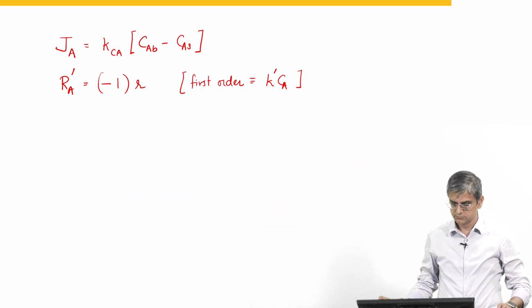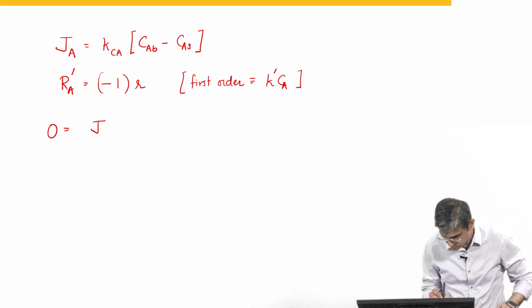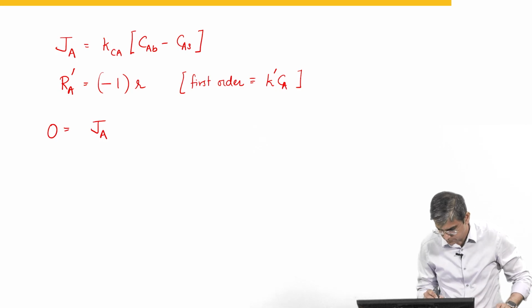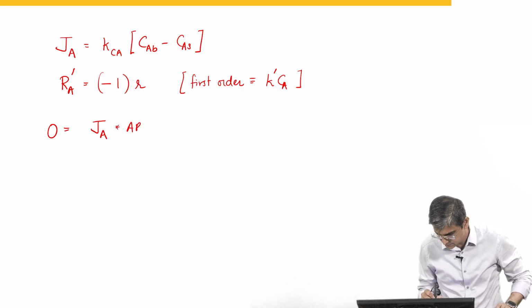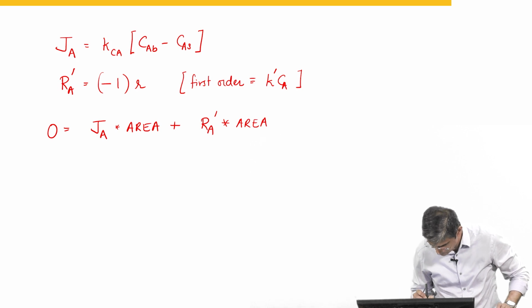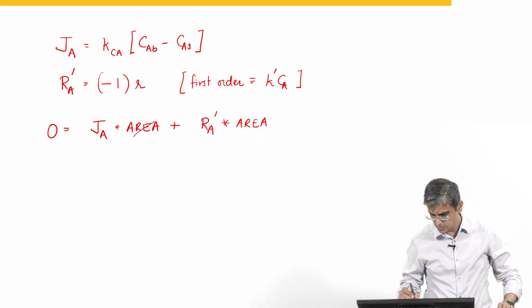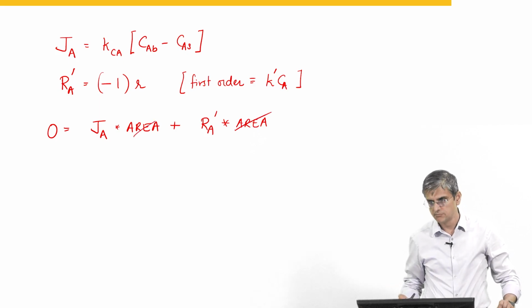So we had 0 equal to JA multiplied by area, and the area gets cancelled.